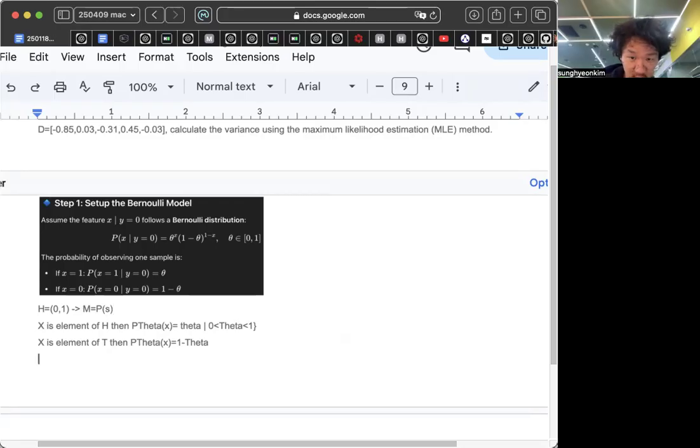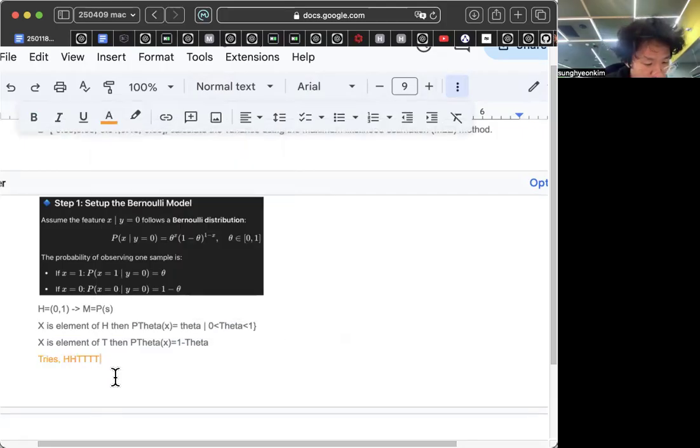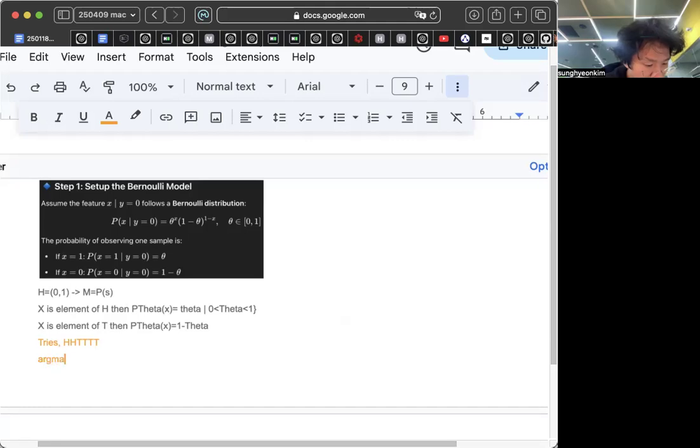Then let's say we tossed it several times and it was H T T T T. What we want to do is maximize the likelihood of this observed data.